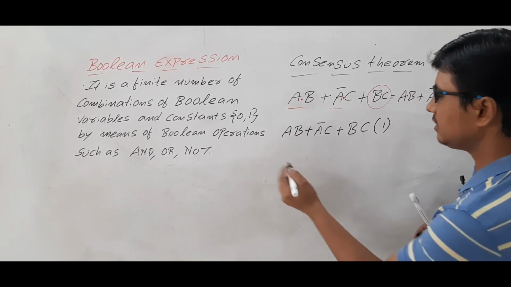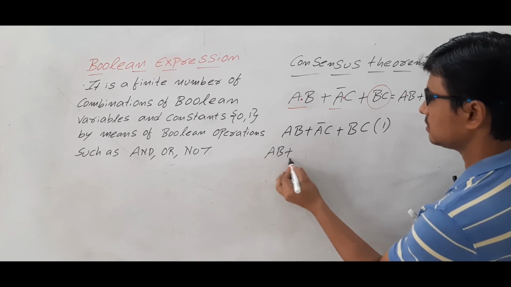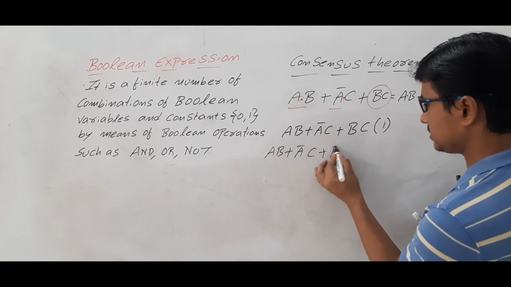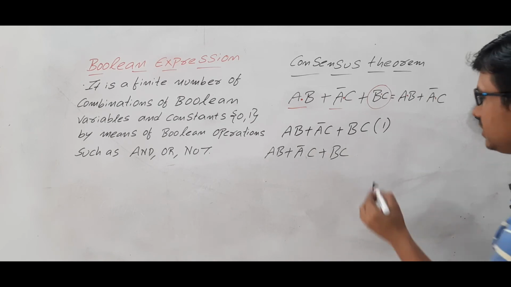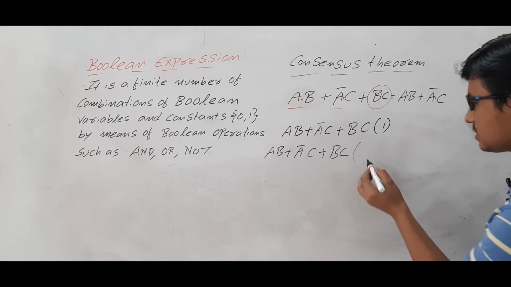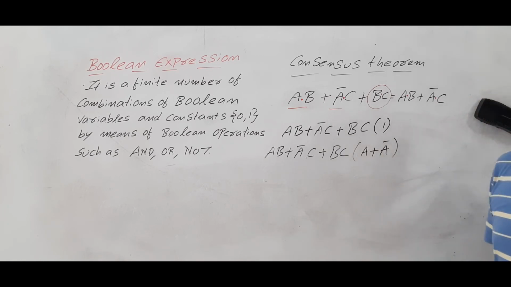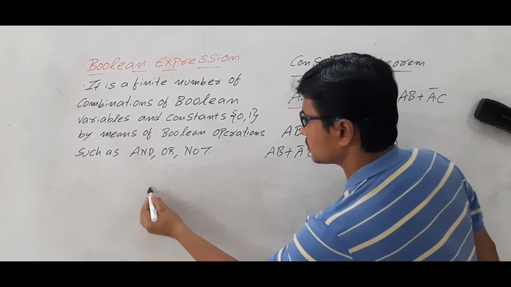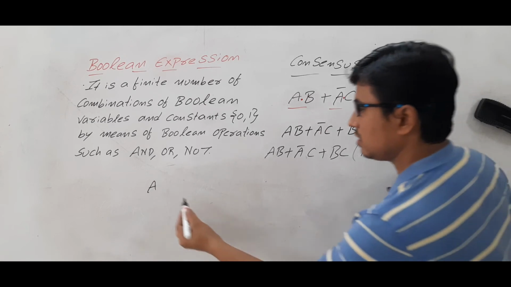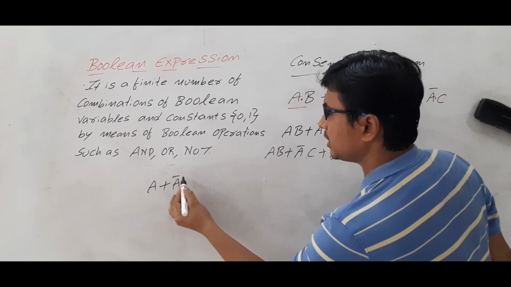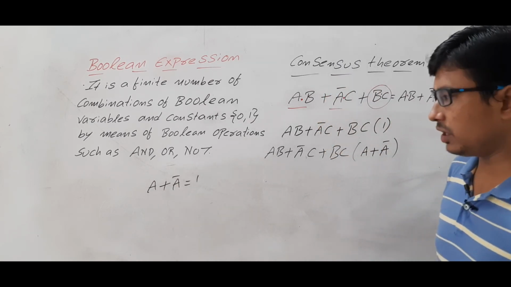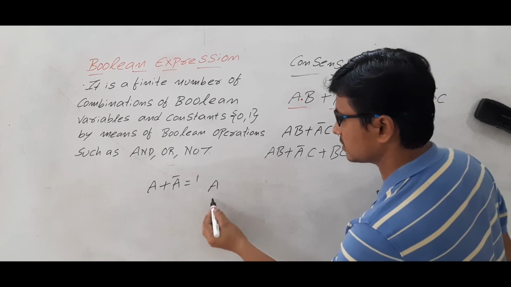But I can write BC as BC; I am not modifying BC. But I can write 1 as A or A's complement. Remember this one: A or A's complement is equal to 1. If you want the proof, you can write it like this.